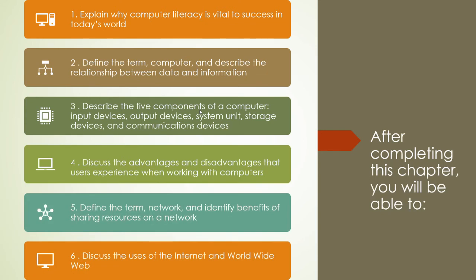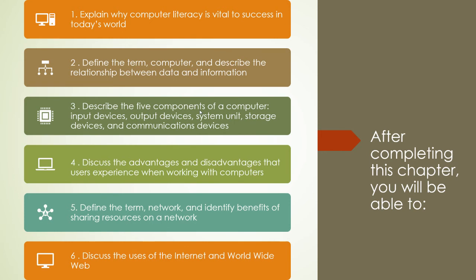After completing this chapter or this module, we have module 1 and module 2. Here are the objectives. First, you'll be able to explain why computer literacy is vital to success in today's world. Also, define the term computer and describe the relationship between data and information.